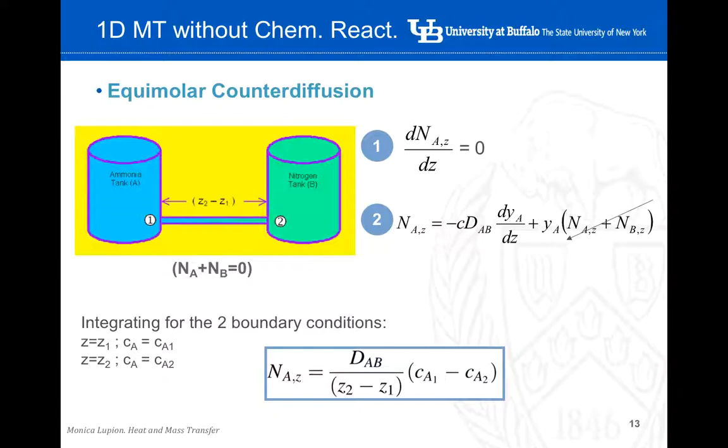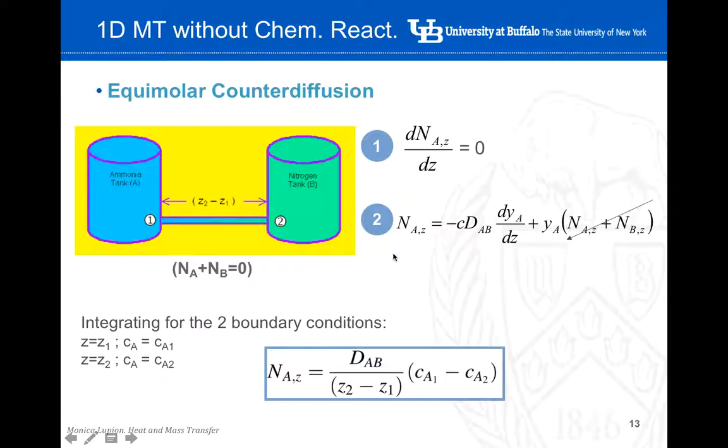For the equimolar counterdiffusion, we're going to follow the same procedure, the same methodology. So we apply first the general equation of mass transfer, which in the case of having steady state conditions, no chemical production and only one dimension, is simplified to the variation of the molar flux with theta over the variation of theta equal to 0.